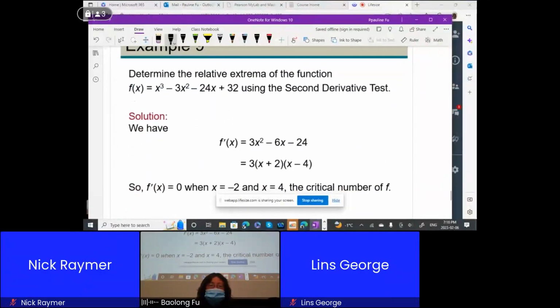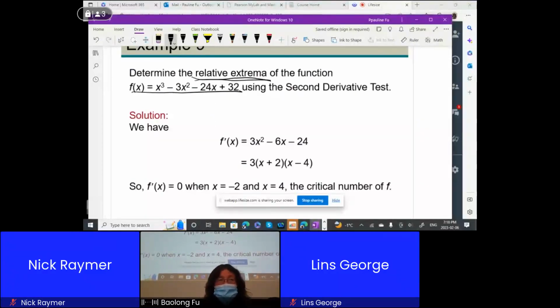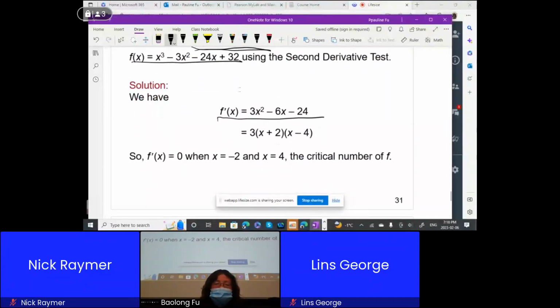Example. Find the relative extrema, meaning the relative maxima or relative minima, of the given function. And how? Find the first derivative first, and then find the critical numbers. How do you find the critical numbers? Set the first derivative equal to 0.